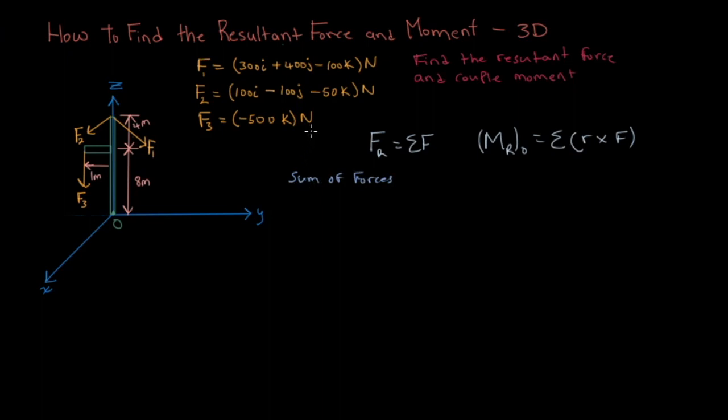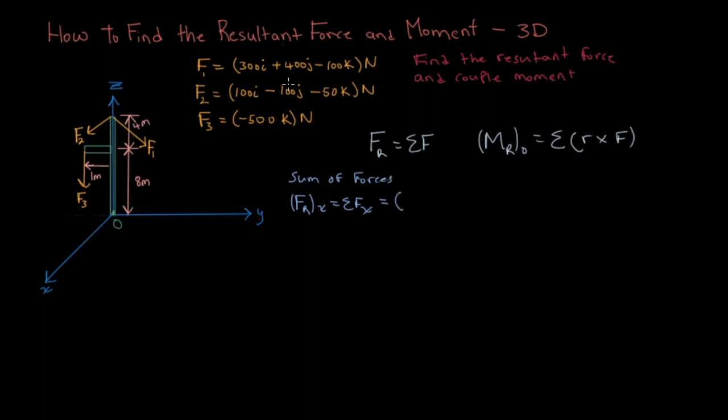And the resultant force, we're going to do the individual components first. So we know that the resultant force Fr along the x direction is equal to the sum of forces in the x direction. To do this, we just collect the i's, we sum up all the i's here. Since they're already written in Cartesian vector form for us, it makes our calculation that much easier.